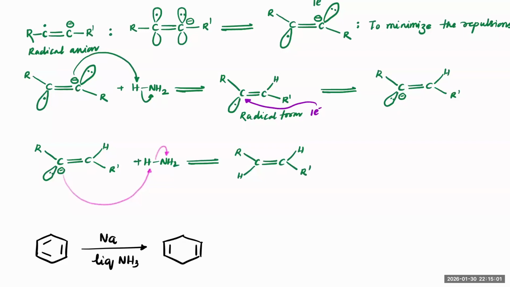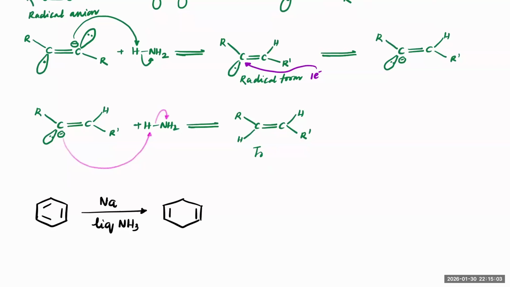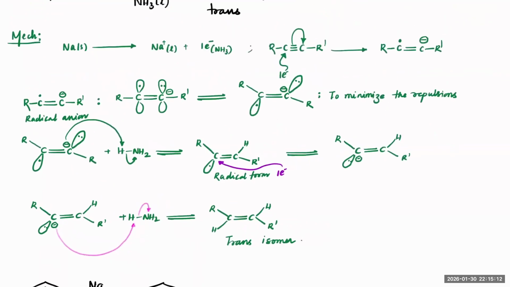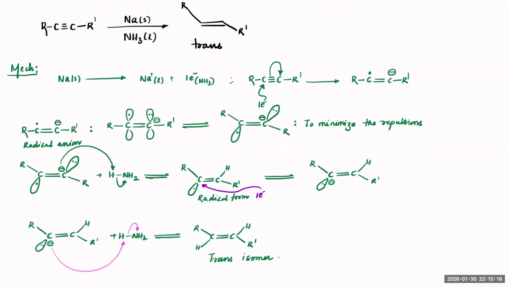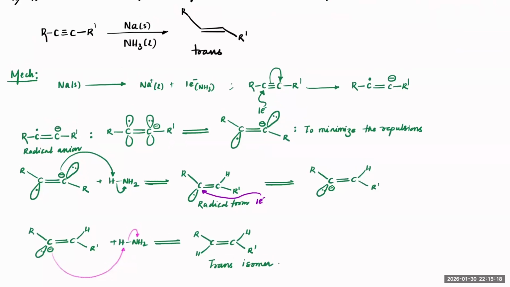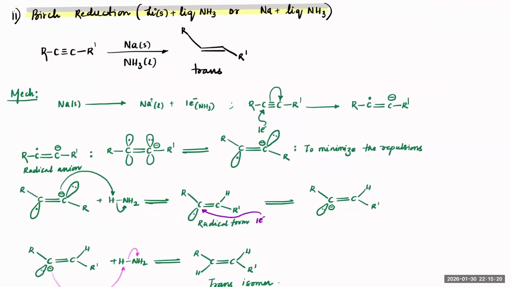So what is the product you are getting? Trans. So trans isomer. Now this time you are getting a trans isomer form. Correct? So with catalytic reduction we got cis, with Birch reduction we got trans.